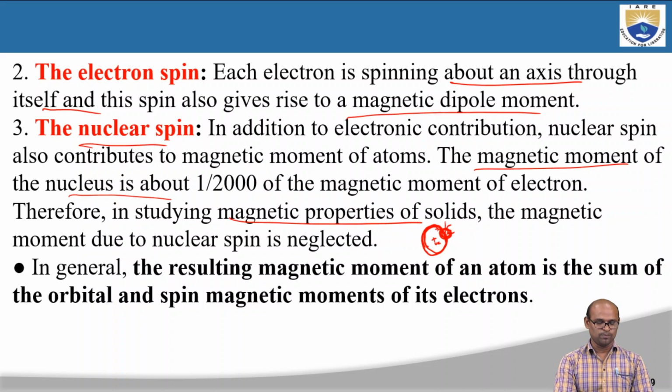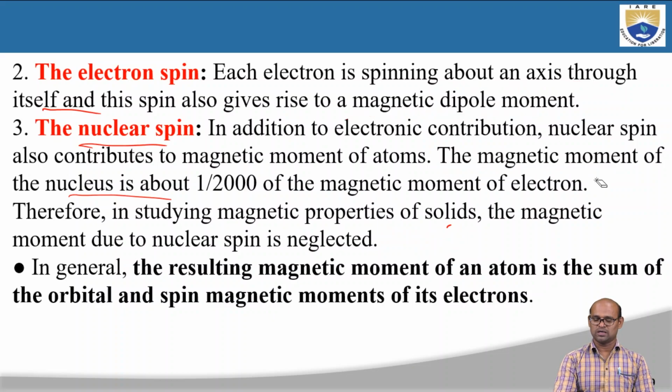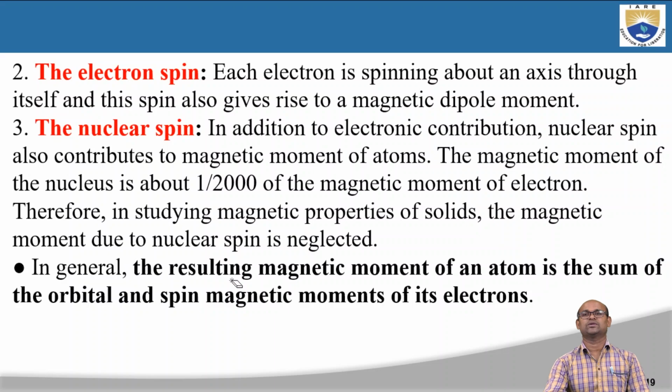So in general, the resulting magnetic moment of an atom is the sum of the orbital magnetic moment and the spin magnetic moment of electron. When we study the magnetic properties of any material, we just take the contribution of magnetic moment coming from electrons, because the magnetic dipole moment coming from nuclear spin is very small compared to that coming from electrons.